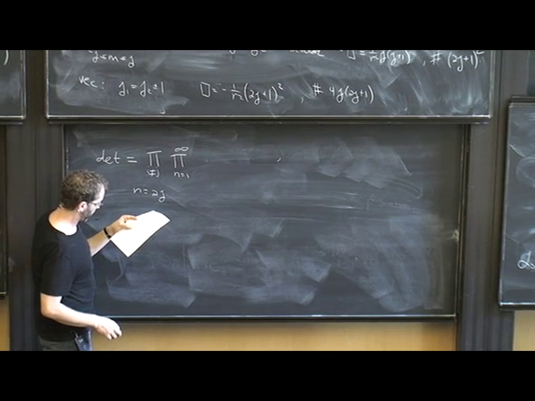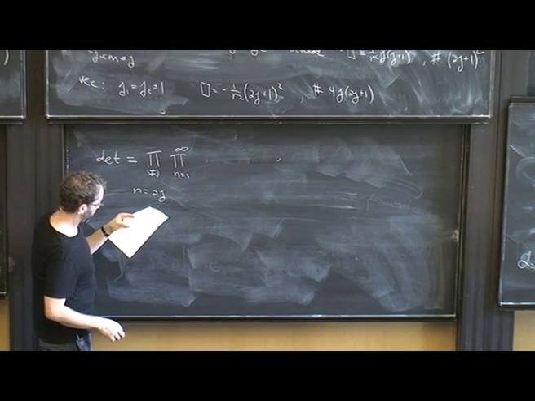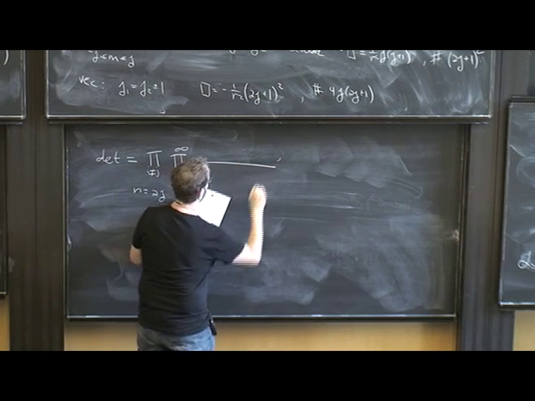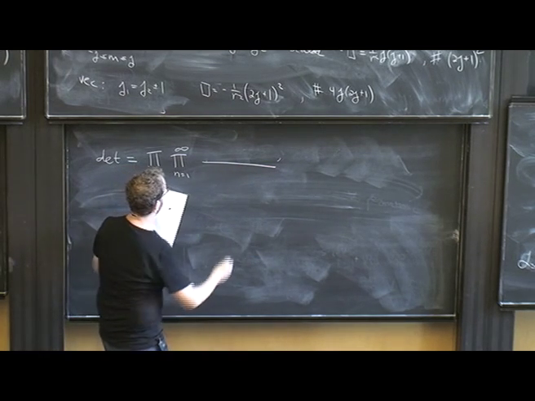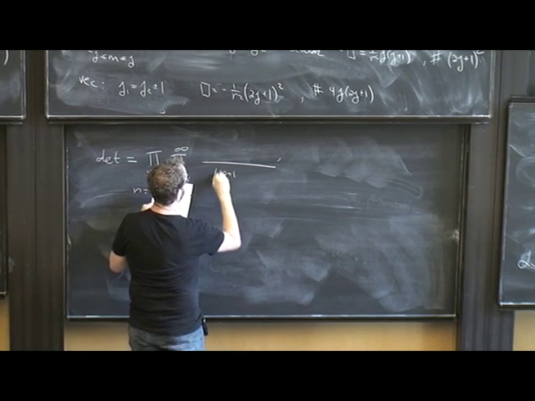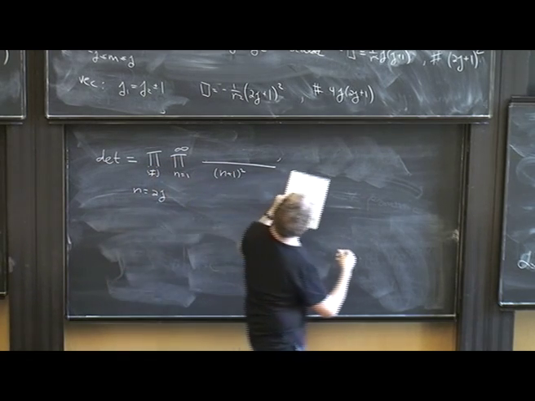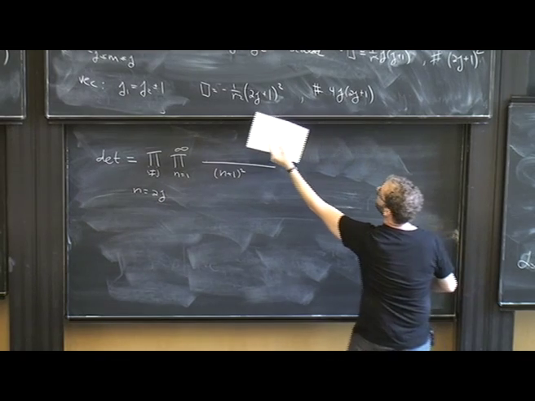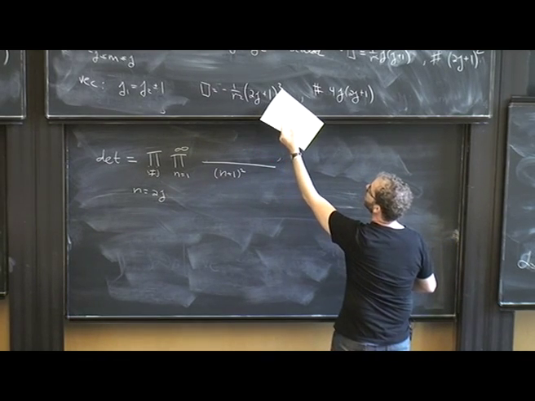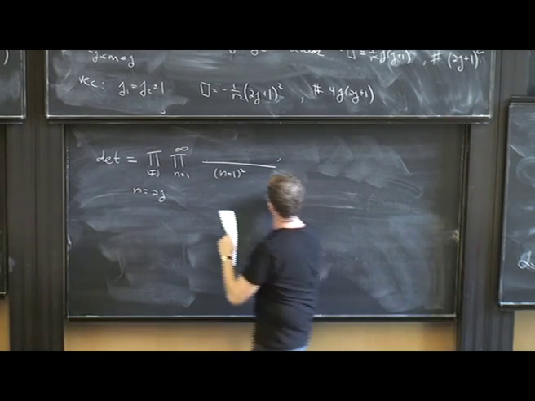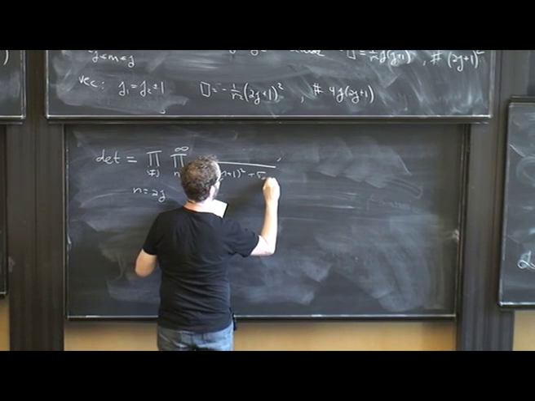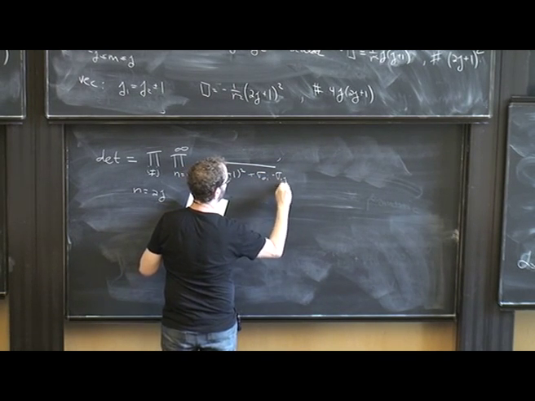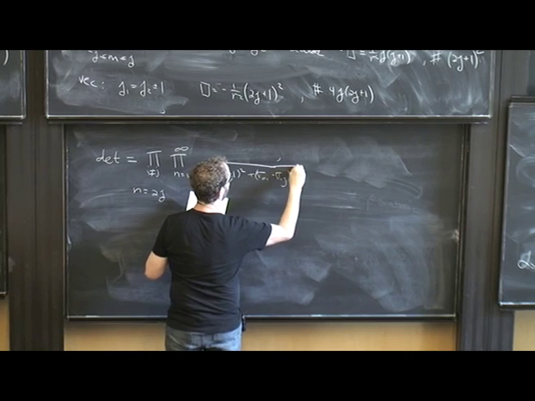Any way you want to do it, this is not important. What I have there is n plus 1 squared. That was a scalar, so this is n plus 1 squared plus sigma naught i minus sigma naught j squared.